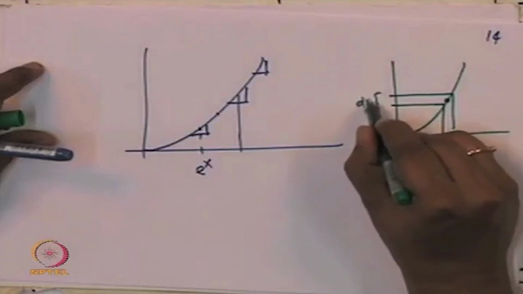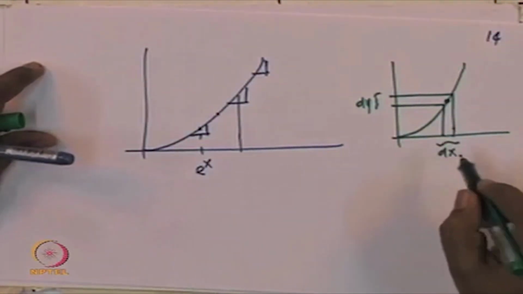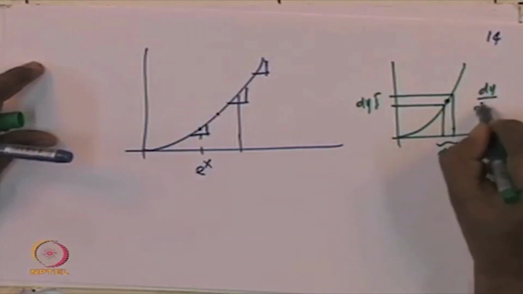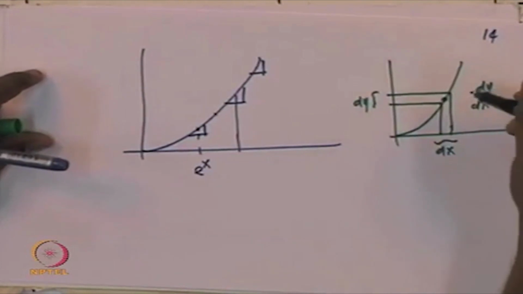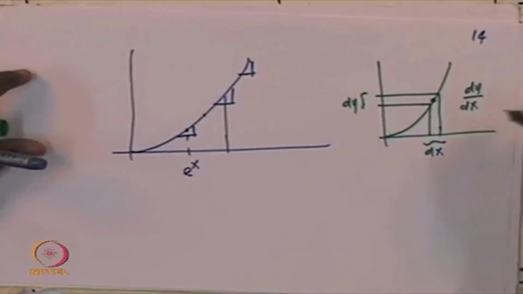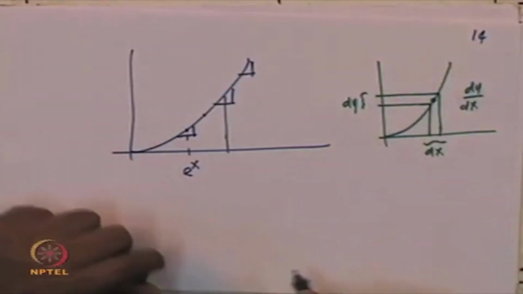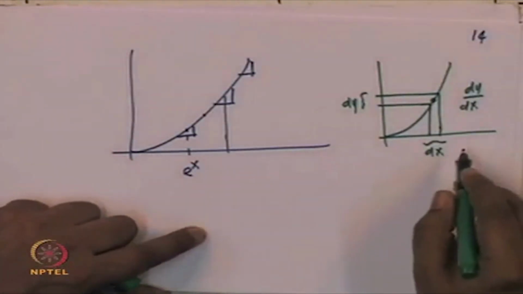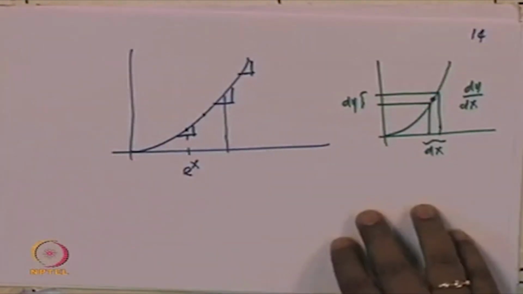Take some other point, calculate dy by dx, and you will get the value e power x. So, you should try this graphically and convince yourself also that the derivative of e power x is e power x itself.